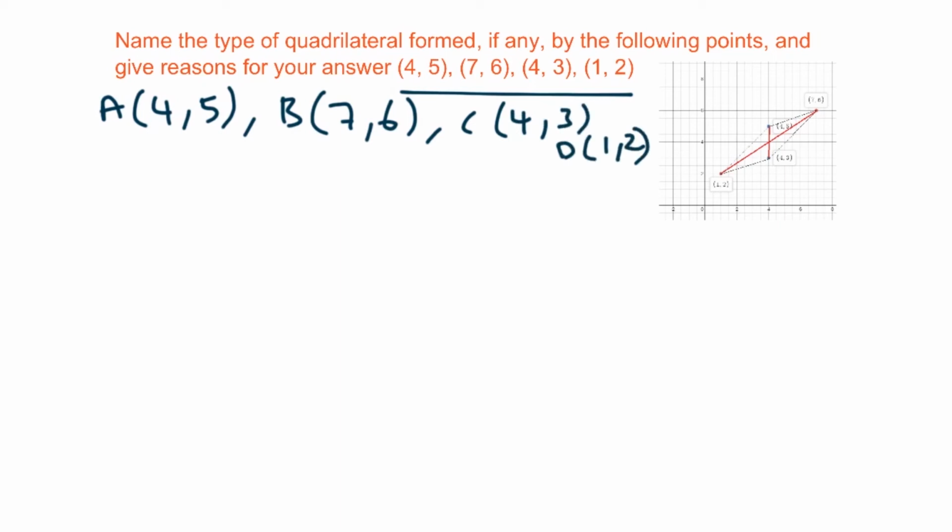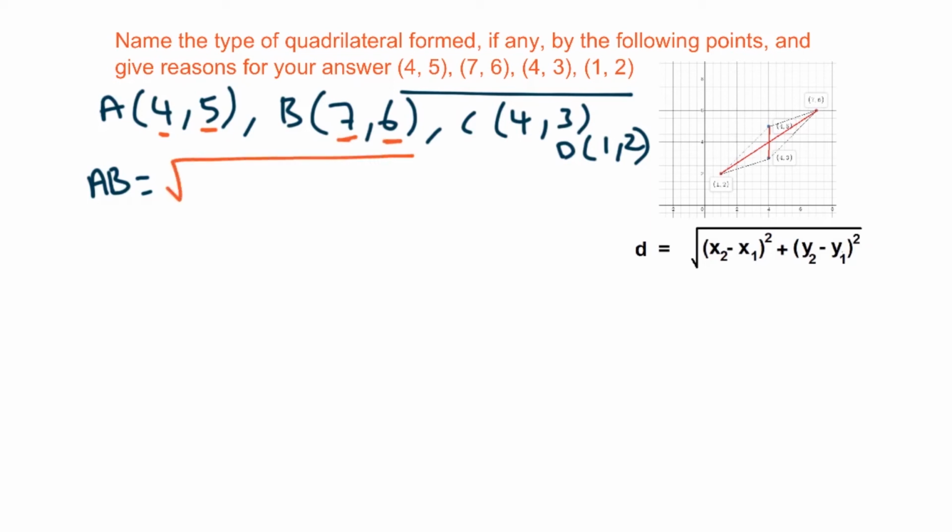We will find the lengths of all the sides using the distance between 2 points formula, which is d equals square root of x2 minus x1 whole square plus y2 minus y1 whole square. So first we will find the length of AB. So here this is x1, y1, x2, y2.